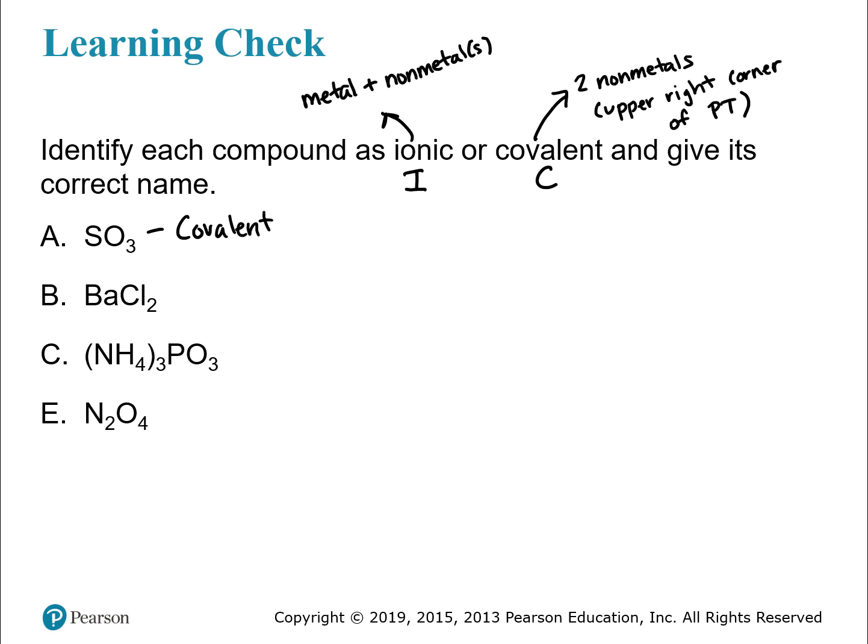I agree, it's ionic. Ba, that's barium, that's a metal. So if the first element is a metal, it's going to be ionic.